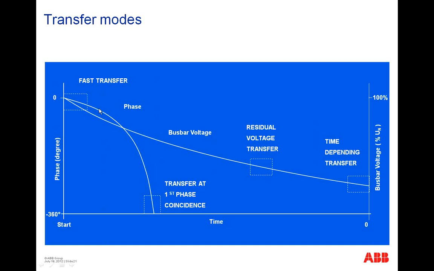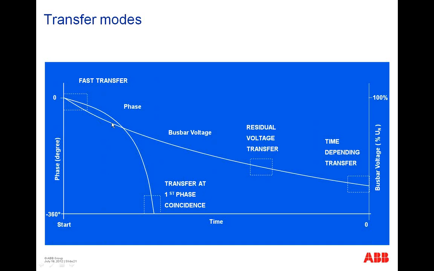But at the first moment, we have a phase angle between the standby and busbar voltage. This will be in synchronous condition at the first moment. Then it will grow: 10 degrees, 20 degrees, 30 degrees, up to 180 degrees. But at one special time, we have a synchronous condition once more. Later on, I can show you some pictures of how this looks. And then we have the transfer at first phase coincidence.